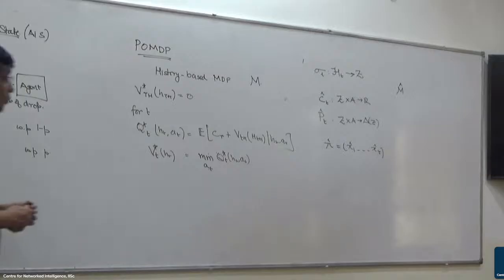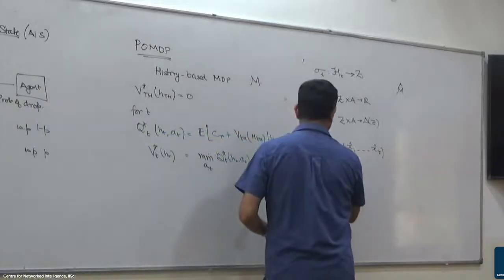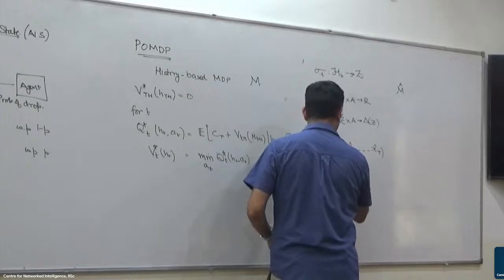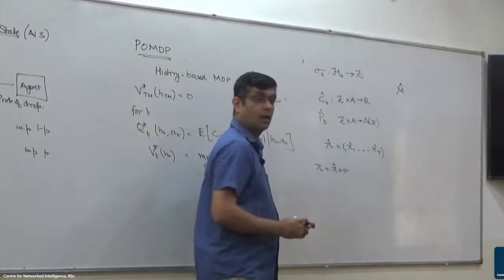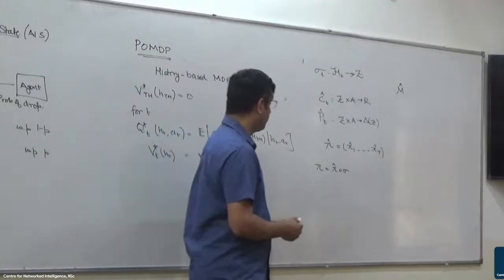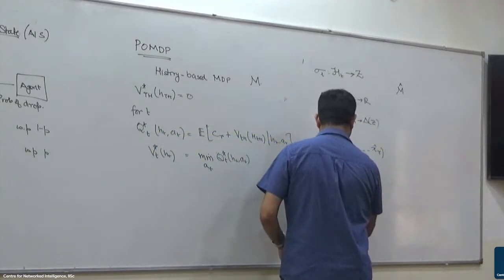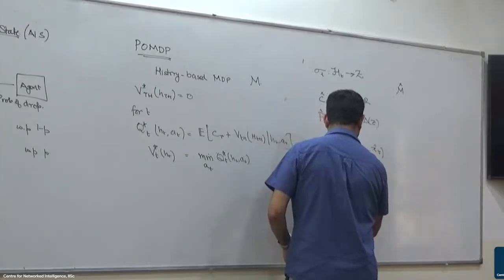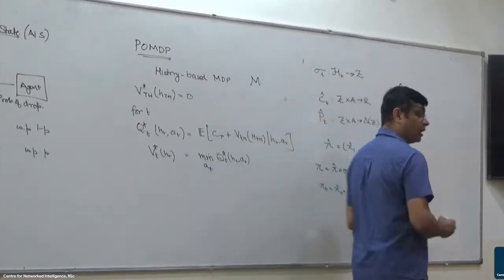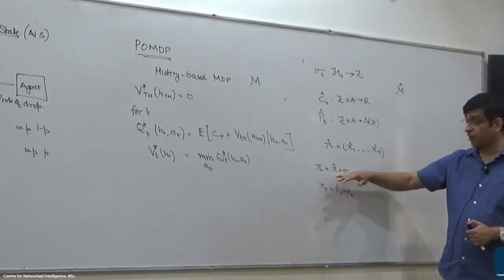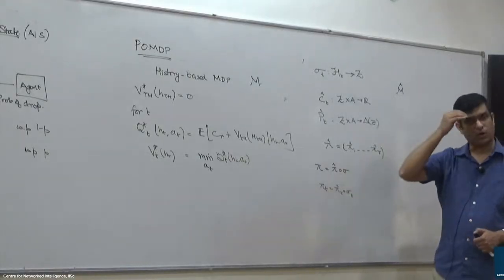So what I want to do is I have now a policy pi, which is equal to pi hat composed with sigma. And this means that pi t is pi hat t composed with sigma t. And I want to see what is the loss of performance if I use this guy in my original model.